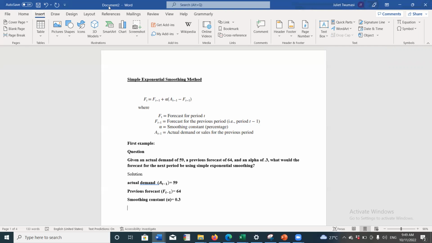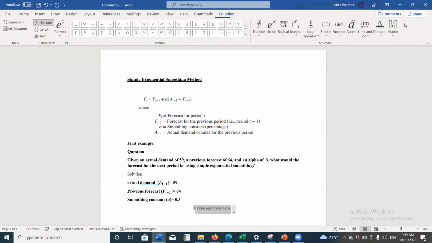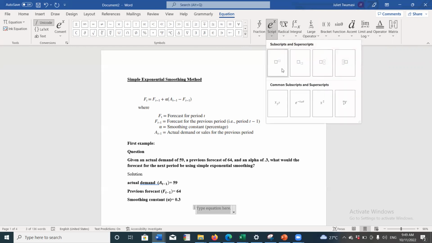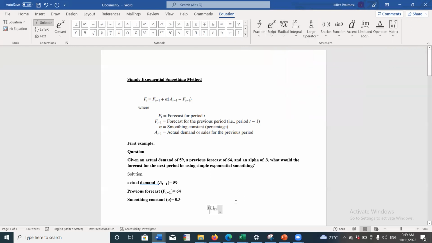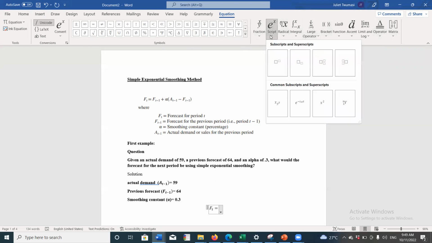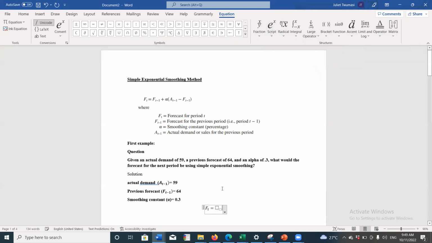So we start with the equation again. Given this formula, the formula was giving us F subscript t equals. You can either copy, but to demonstrate, I want to go back again and do it so that repeatedly you see how it's being done.